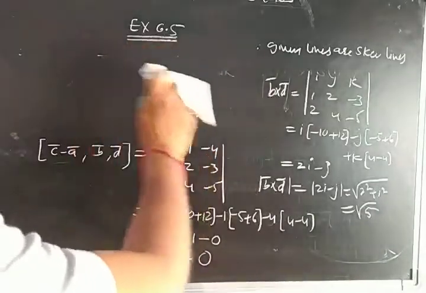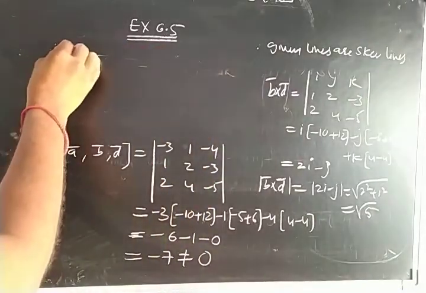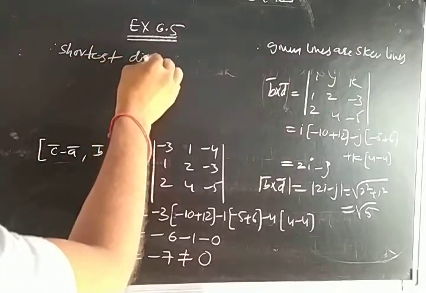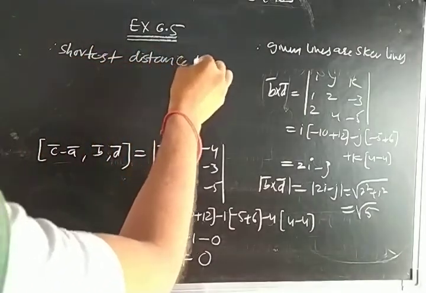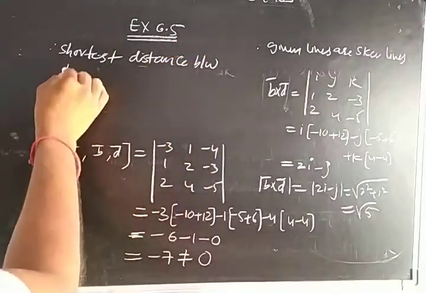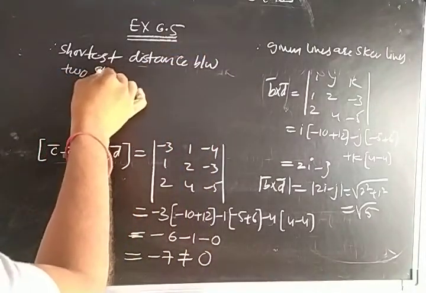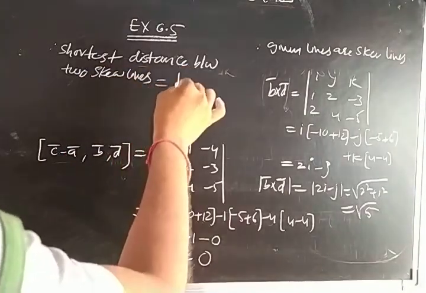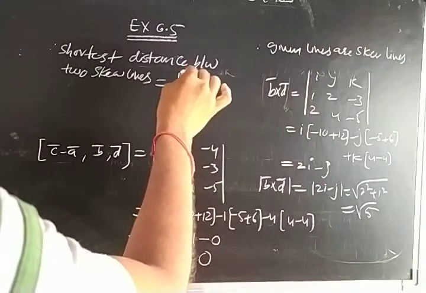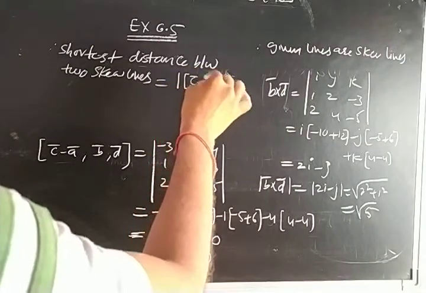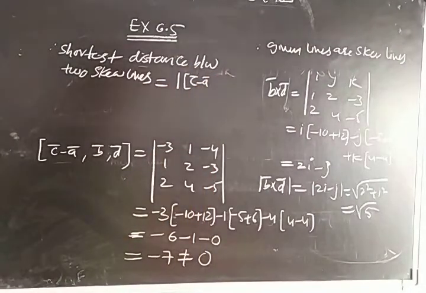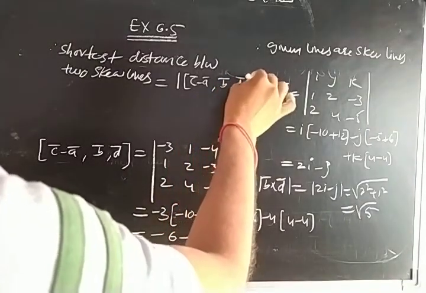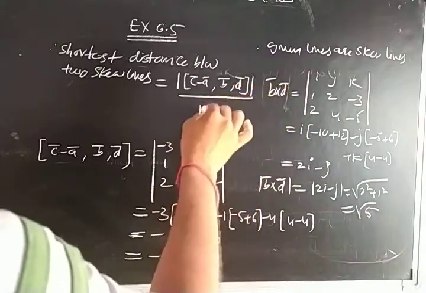Now what is the shortest distance formula? Therefore the shortest distance between two skew lines is equal to the modulus of the bracket of c bar minus a bar, b bar, d bar, which is the scalar triple product, divided by the modulus of b cross d bar.